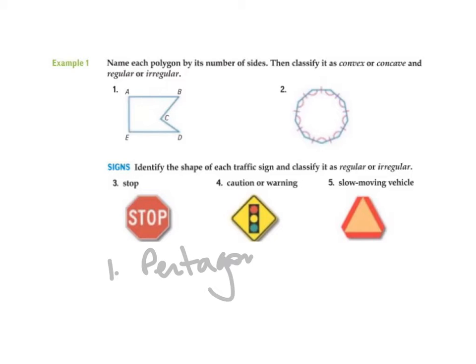Well, from B to C and C to D, you're going in, so that's concave. And then whether it's regular or irregular, well, you've got no notation, so it's irregular. Just make sure you work your way through all the questions. It's not just a case of, oh, it's a pentagon, move on to the next question. Make sure you answer all the questions.